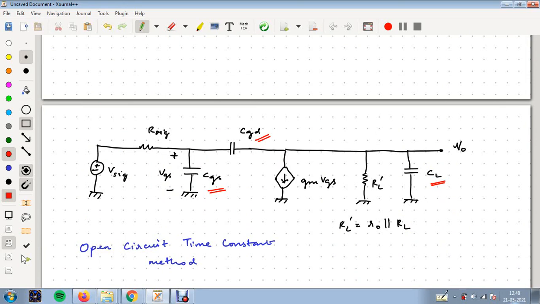But it's not a part of your syllabus. There are actually three methods to do this. One is Miller's theorem method, the second is the open circuit time constant method, and the third is the exact analysis. The FH value will be accurate there, but it is not given in your syllabus. You have only two methods of analysis: Miller's theorem and open circuit time constant.